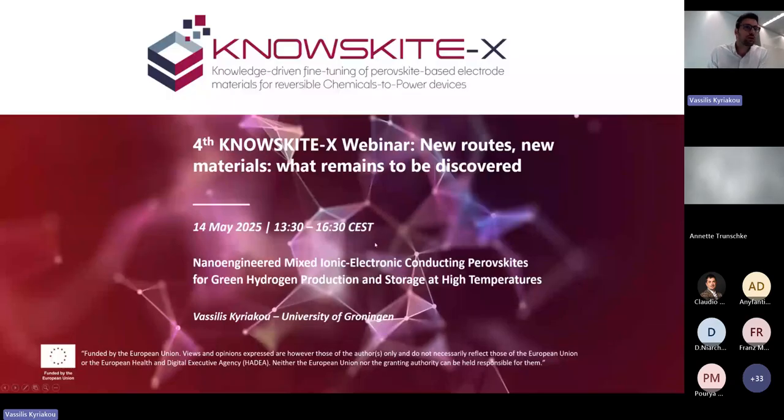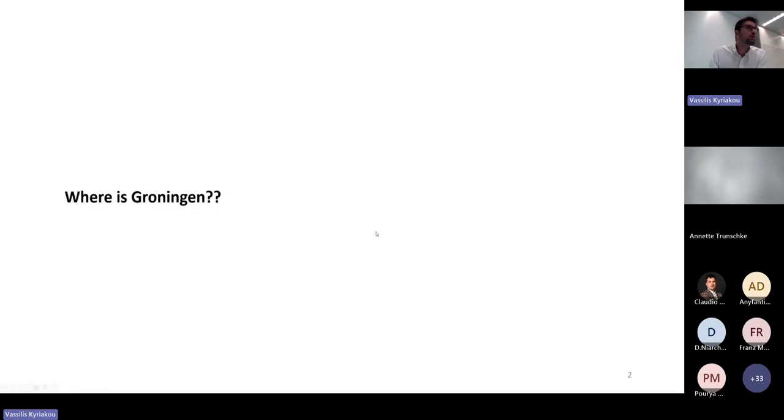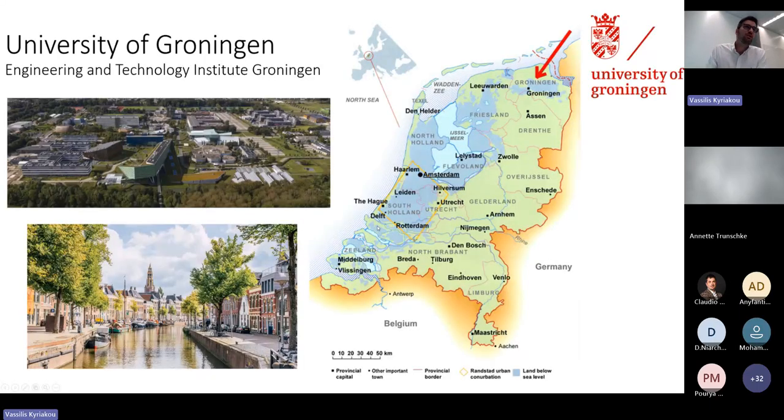First, a small introduction, because I don't know how many of you are familiar with Groningen, as it's called in the Netherlands. It's located in the north, at the top of the Netherlands. We are quite far from the rest, because here a distance of a couple of hours is considered very far.